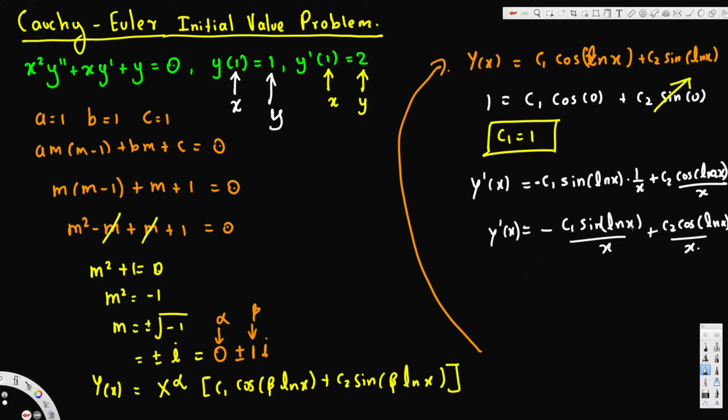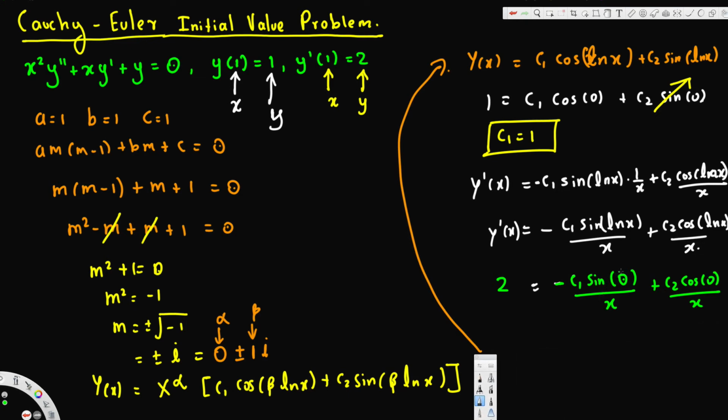If you plug 1 for these x values, here this is 2. 2 is equal to minus C1 sine ln of 1, which is just 0, x plus C2 cos ln of 1, again 0. This is going to be cos 0 divided by x. And here you can see sine 0 is going to be 0, so the whole thing will become 0.